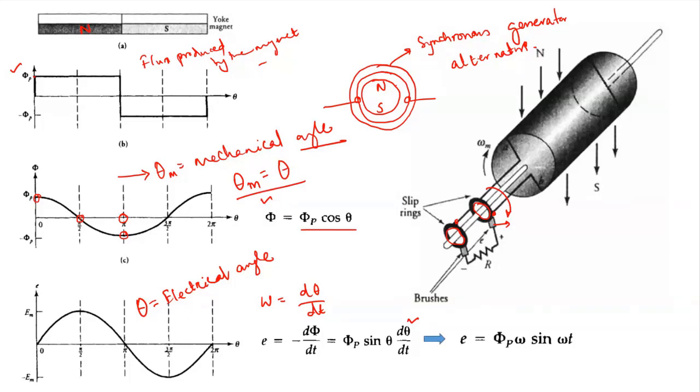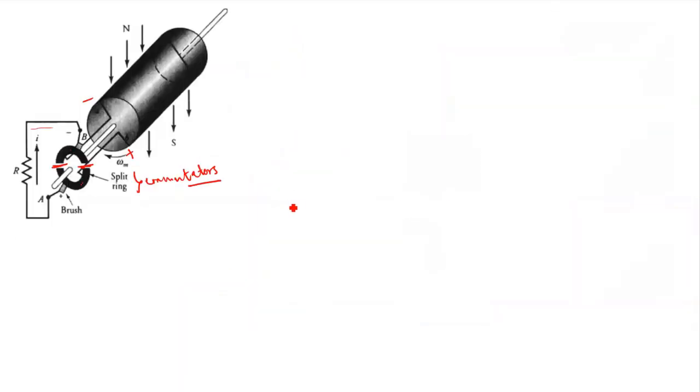How much I rotate in mechanical space is also reflected in the electrical angle in terms of EMF cycles. Now if I change the number of poles, it will affect this. I will show that in the next slides.